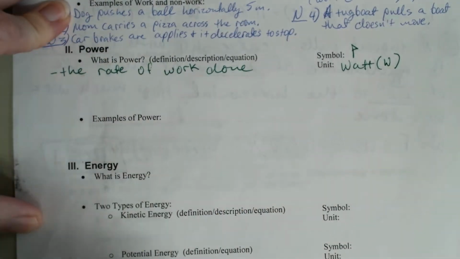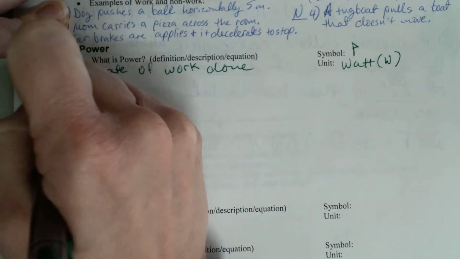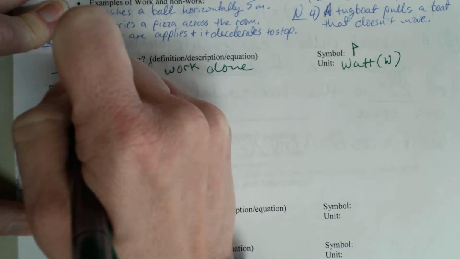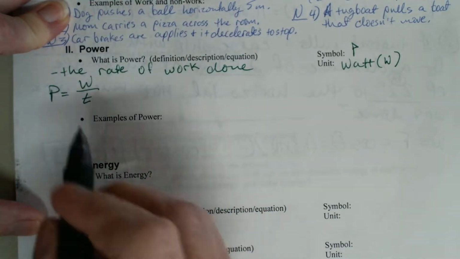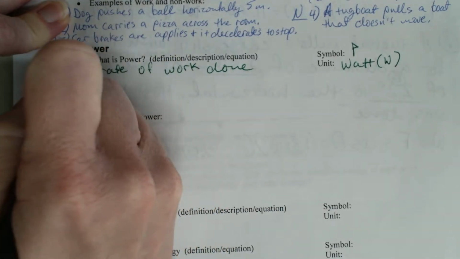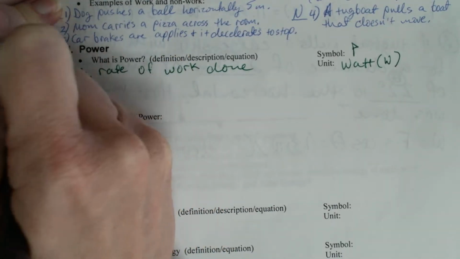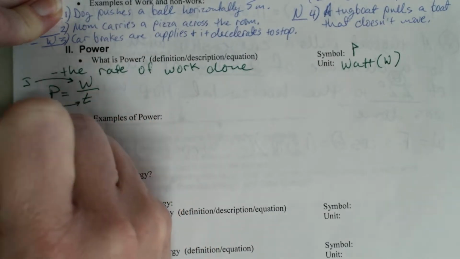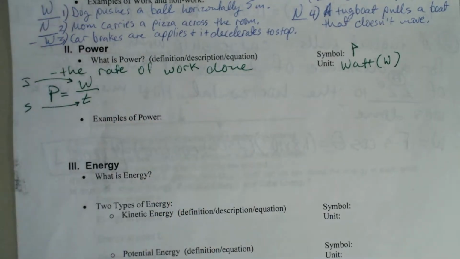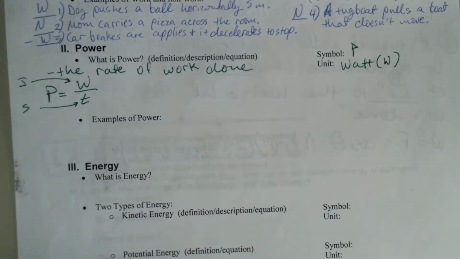The general equation is just power equals work divided by time, where work is in joules because it's work, and time is in seconds, the SI base unit for time.